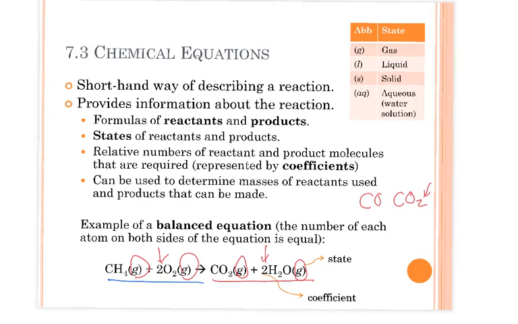And that is part of having a balanced chemical equation in which the number of each atom on both sides of the equation is equal. And later in chapter 8, we can use these to determine the masses of reactants used and the products that can be made, which is very useful in the laboratory.